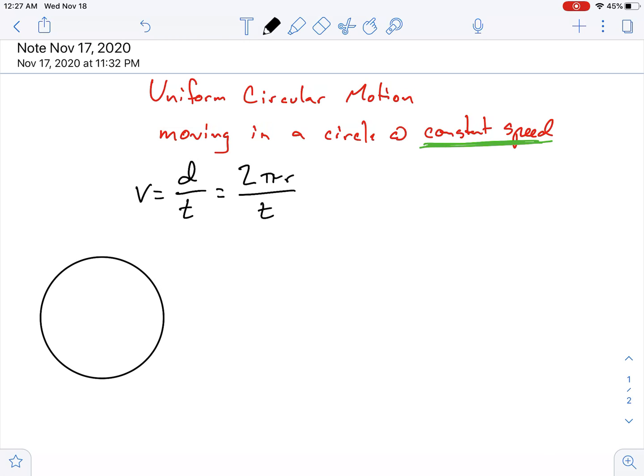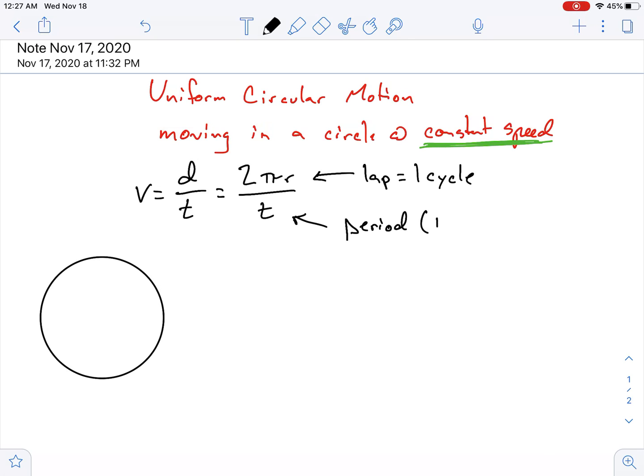Now, when we're traveling in a circle, when we complete one lap, we actually can also call that one cycle as far as completing a circle. The amount of time it takes to complete one cycle actually has a very special name. We call that the period.